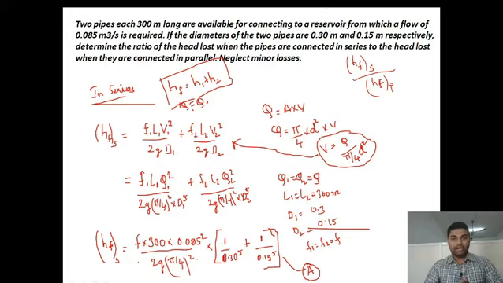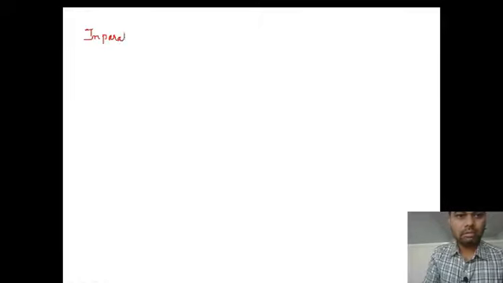Now let us calculate the head loss in parallel connection. This was the head loss in series connection. To find the head loss in parallel connection, first of all, in parallel what do we know? In parallel connection, discharge will be added.